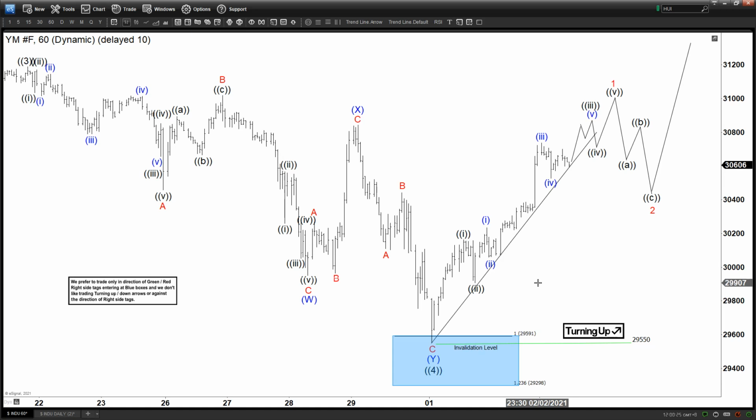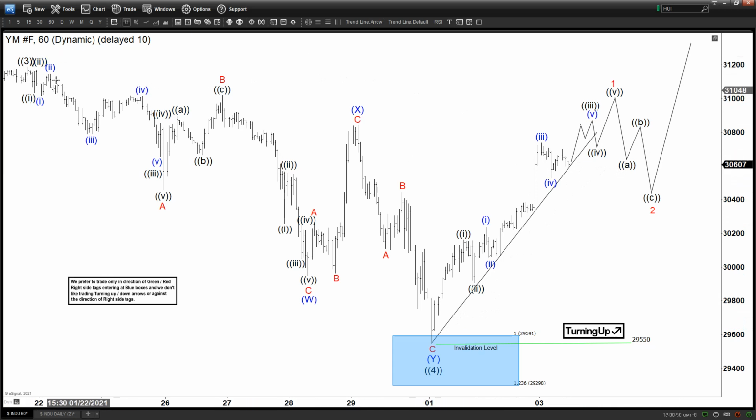Even if it reverses to the downside, we're not going to lose money, because we always trade in the blue box. At this point it is in the middle, so it remains to be seen if this correction is enough and the index can rally to a new high. The only confirmation at this stage is if it can break above wave 3.